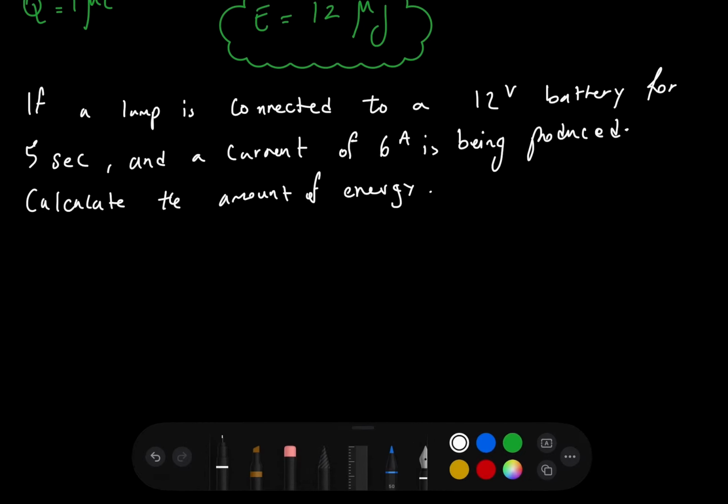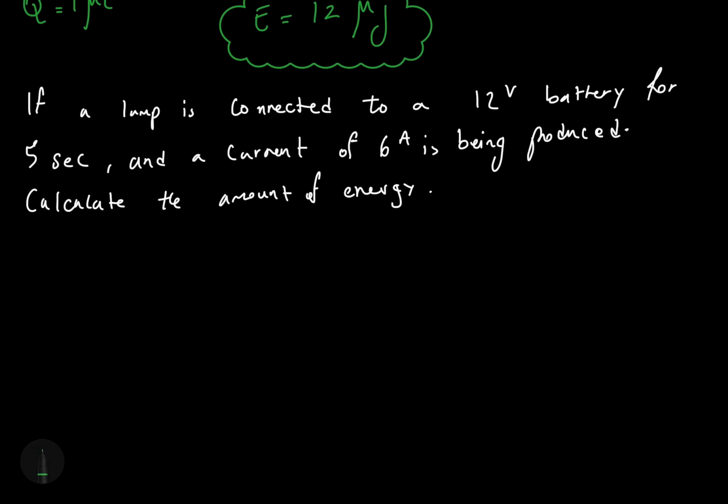This is actually a two-part question. The voltage is given to you. It's 12 volts. You have the time taken, which is 5 seconds. We know the current is 6 amperes, and we're supposed to calculate the energy. Now, what exactly are we missing here? We don't have the charge.